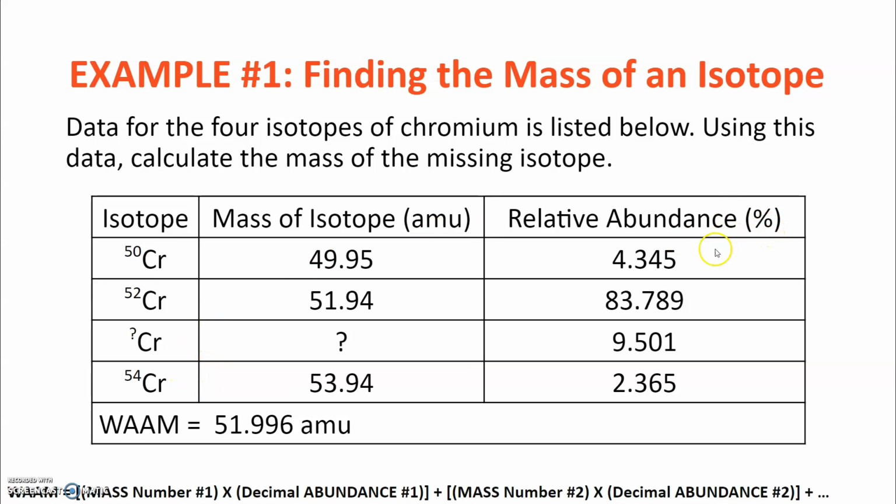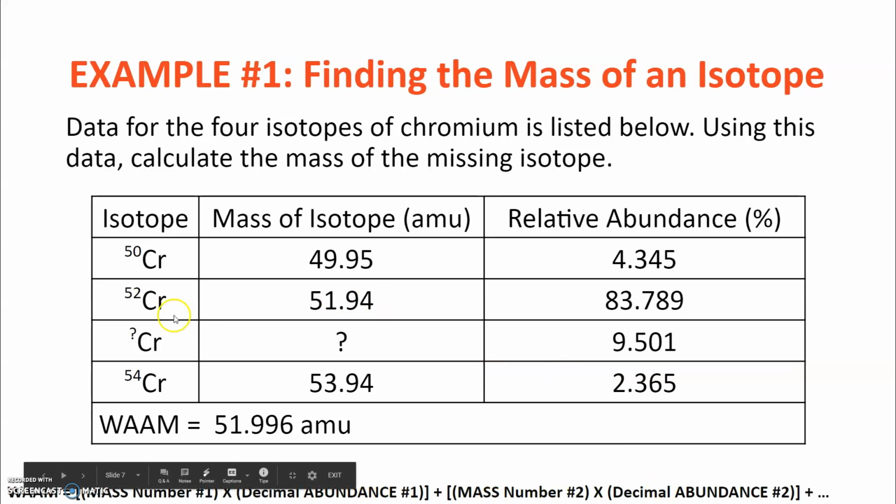The relative abundances are 4.345, 83.789, 9.501, and then 2.365. And then we know the WAAM is 51.996. So that allows us then to try to calculate that missing chromium mass, because we have only one variable. And so we can solve for that.